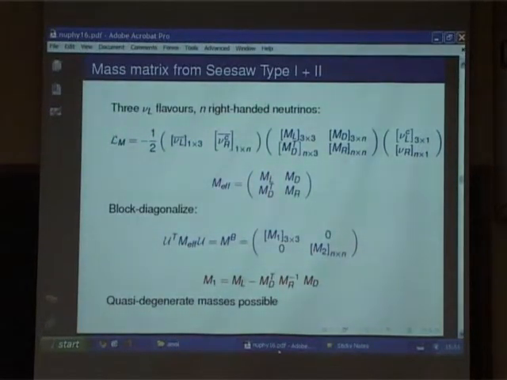That's one thing I wanted to check. So I diagonalize M effective by U transpose MU, not by U dagger MU. So do people know why I am doing U transpose and not U dagger?